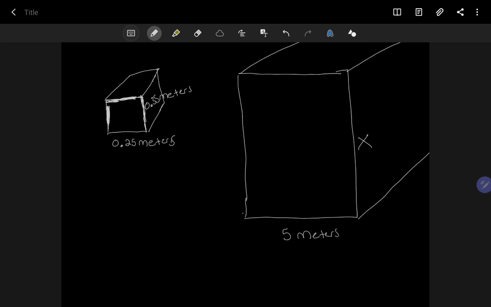And perhaps I don't know what this is. So what I'm going to do is set up a proportion between both of them. So 0.35 over 0.25 equals, and then I'll look at the other one, x over 5.